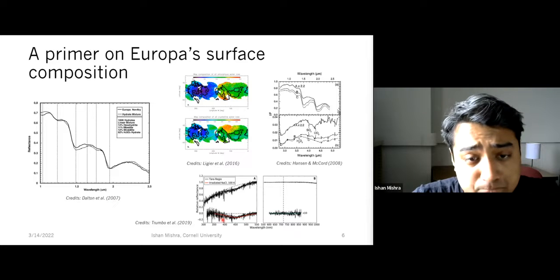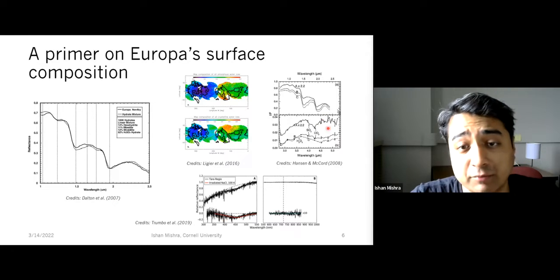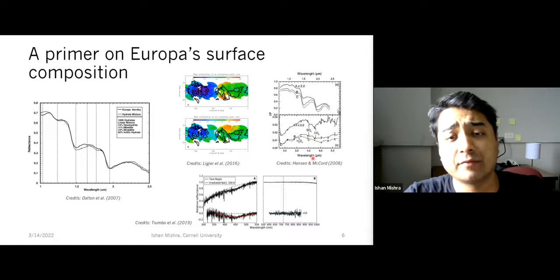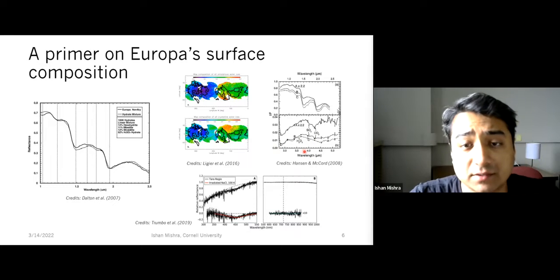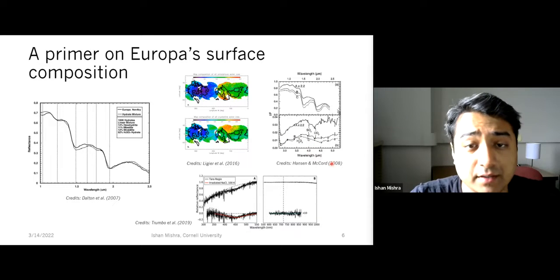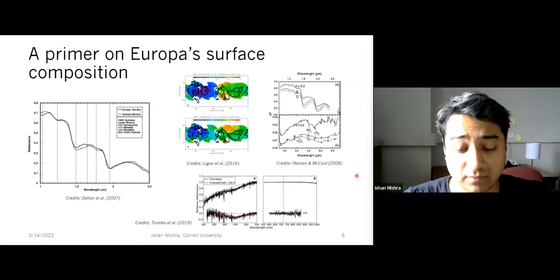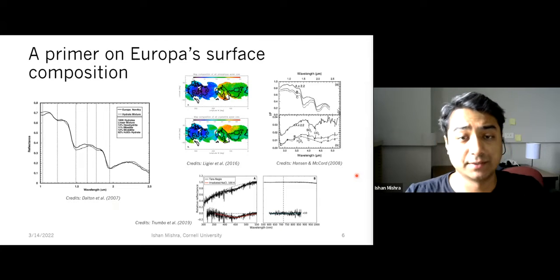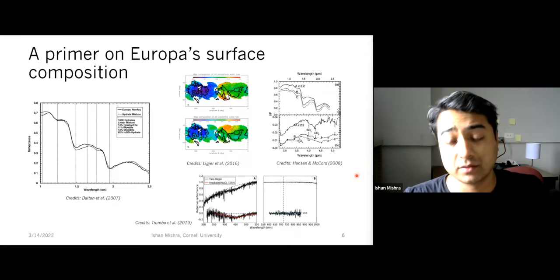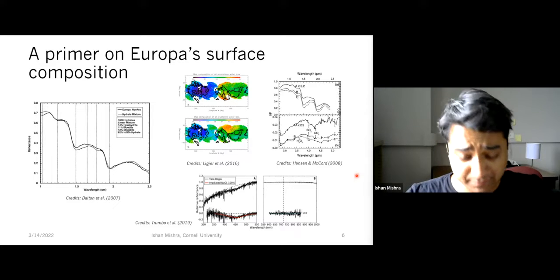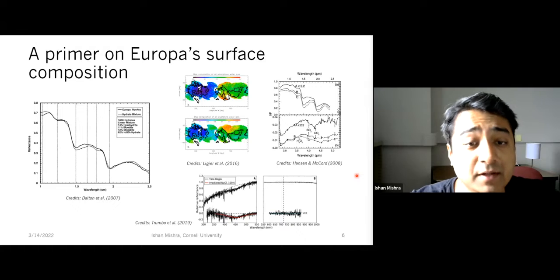And then we have found tentative evidence for oxides like sulfur dioxide, carbon dioxide, and hydrogen peroxide, which have implications for potential energy supply to the ocean in terms of redox disequilibrium.